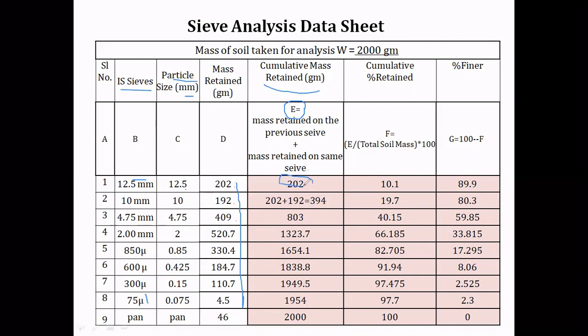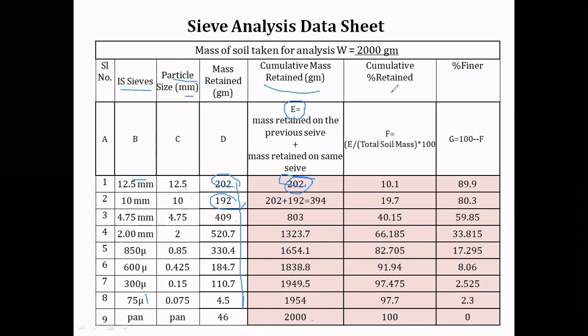So your value of cumulative mass retained on the 12.5 mm sieve is 202. For the 10 mm sieve, cumulative mass retained is mass retained on the previous sieve, that is on 12.5, which is 202, plus mass retained on the same sieve, that is 192. So 202 plus 192 becomes 394. Likewise, we have to calculate all cumulative mass retained on each sieve.